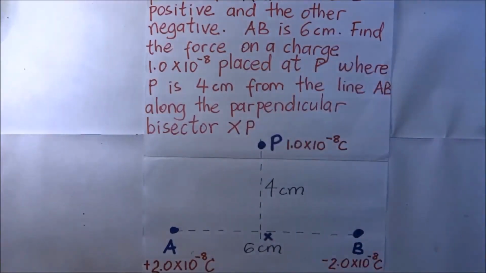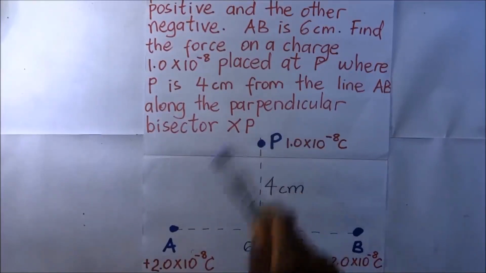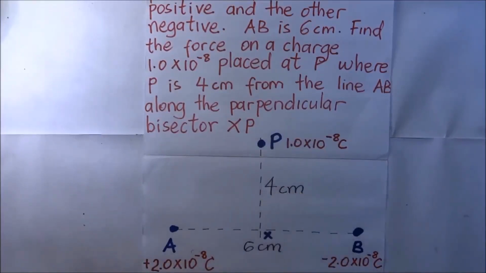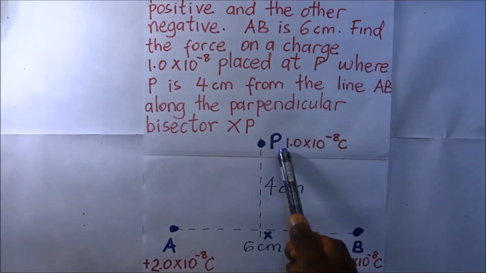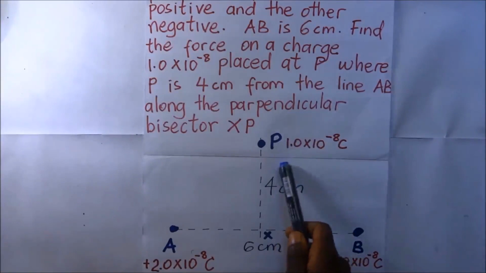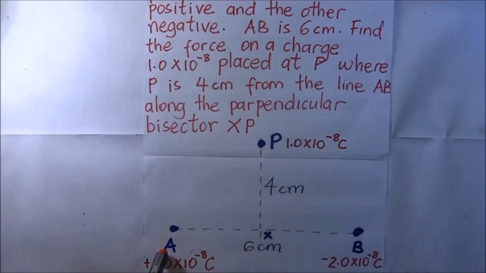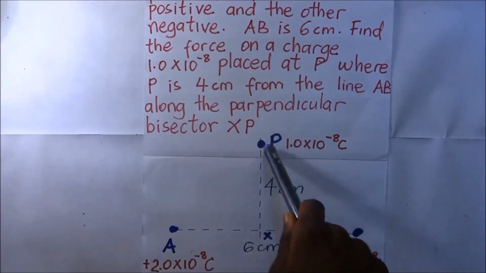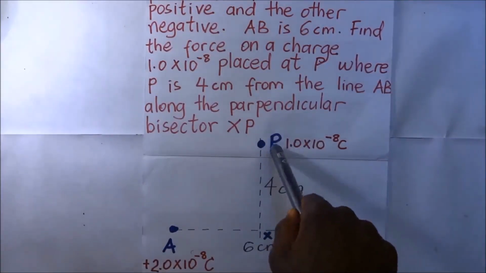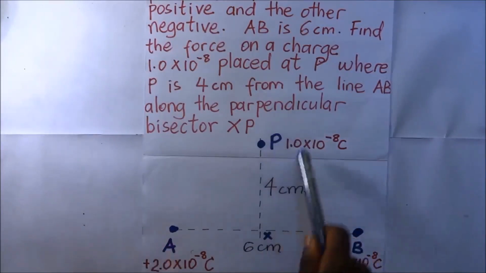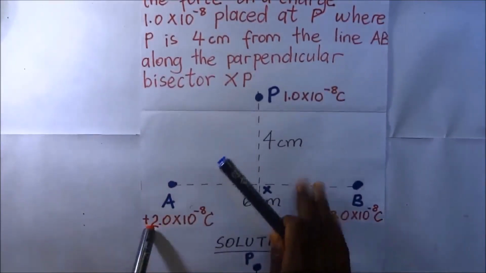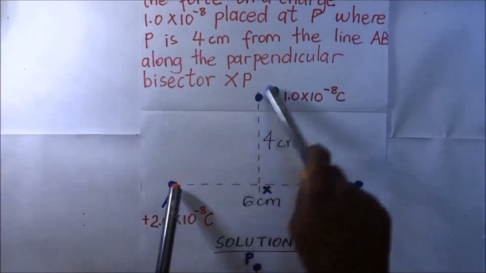The question is asking us to find the force that is being imposed on that charge P. If you look at charge P, it has two forces acting on it. P is positively charged, but it is experiencing a force due to A, and it is also experiencing a force due to B. What kind of force is P experiencing due to A? A is positive and P is also positive, so there is a repulsive force in between.